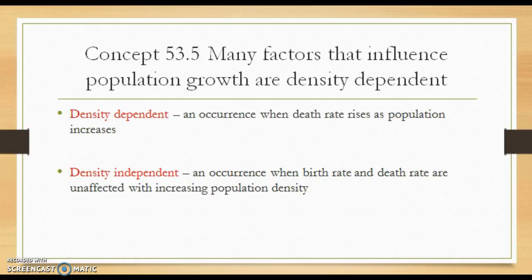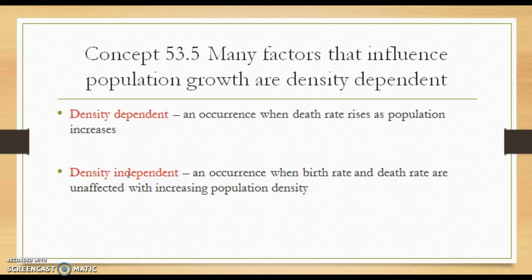Part 3, Chapter 53. We are skipping over 53.4 and moving into 53.5, where we're looking at things that influence population growth and how those things tend to be density dependent. To start with, we should clarify the difference between density dependent and density independent occurrences.